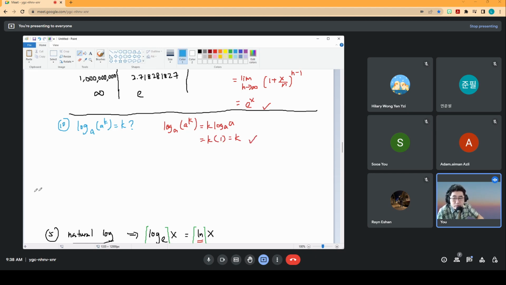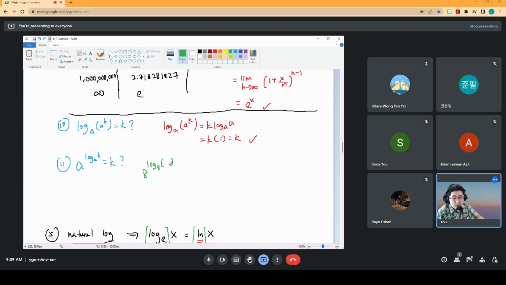For rule 11, a to the power of log a of k equals k. For those who have a calculator, you can try to key this in. You will see that there's a log button, log with any base. Let's say you key in 8, then you power it by log 8.